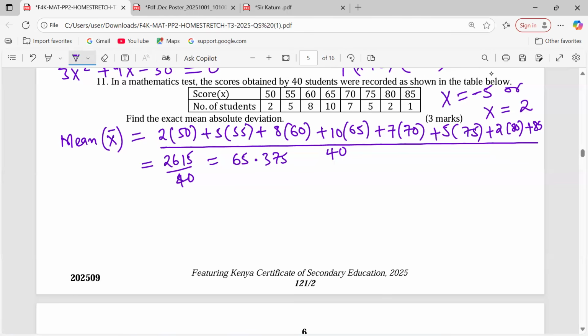So we'll be getting deviations now, whereby we need each value minus the mean. Each value minus mean. So now, in the first case, it shall be 50 minus 65.375, we get negative 15.375.